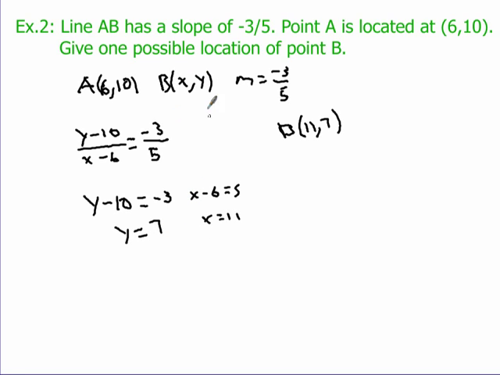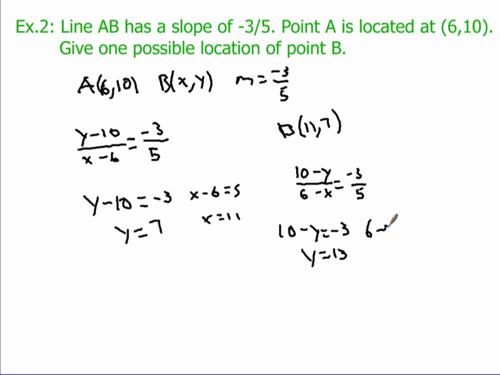And the interesting thing is we could have done this a different way. We could have said 10 minus y over 6 minus x equals negative 3 over 5. Then if I do that, 10 minus y equals negative 3, so y equals 13.